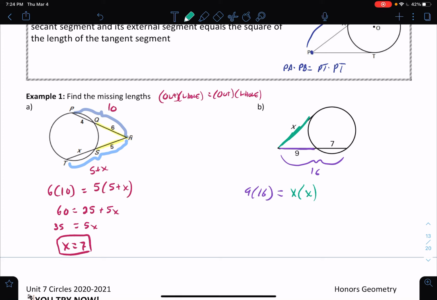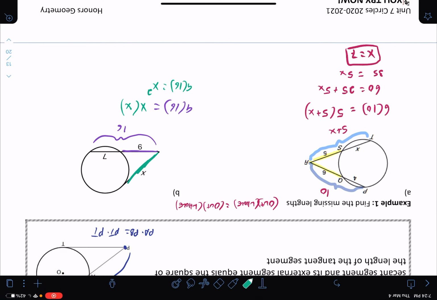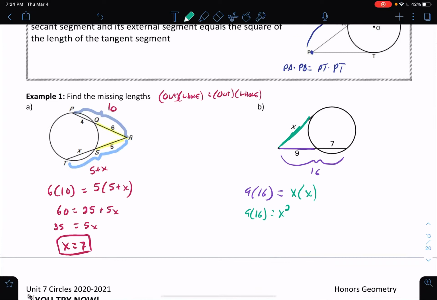So this is why we get 9 times 16 equals x squared. Oops, sorry for the camera flip. So we get 144 equals x squared. Square root of both sides, x will equal 12. So that tangent segment is going to be 12.